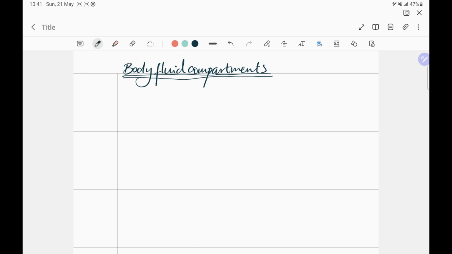And if we look at the classification of the fluid compartments, I've already spoken about this in the previous session, but I'm still going to go into it again with a few more details. So when we look at the composition of the average human, like an adult male, the adult male is 60% water.